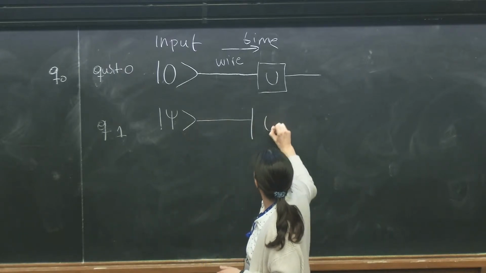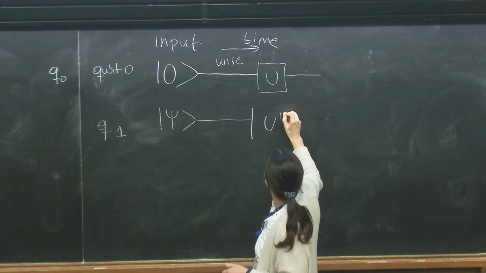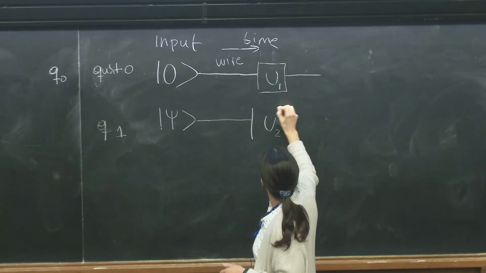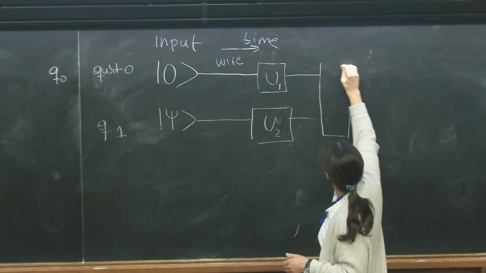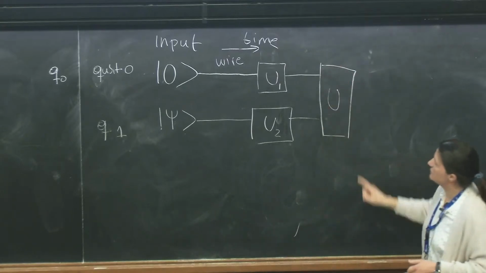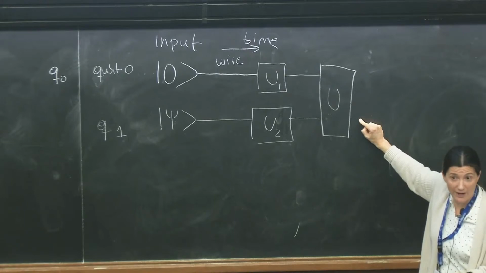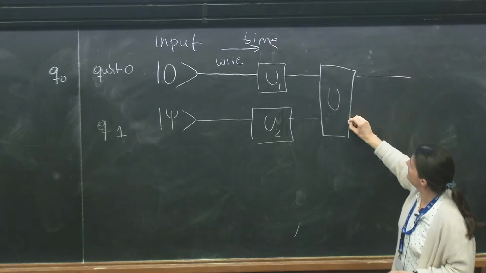You maybe apply another unitary matrix. Maybe call this U1, U2. And then you could have some unitary matrix U that, in this case, is a 4x4 matrix, right? And you can now, for example, entangle it, and you keep going.